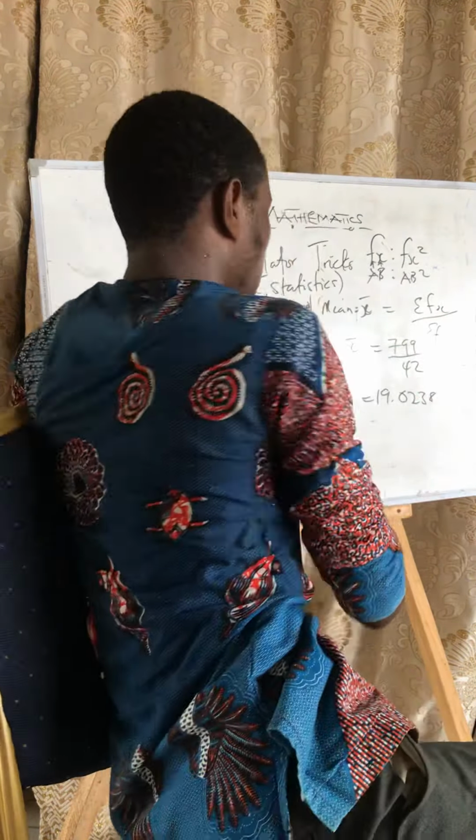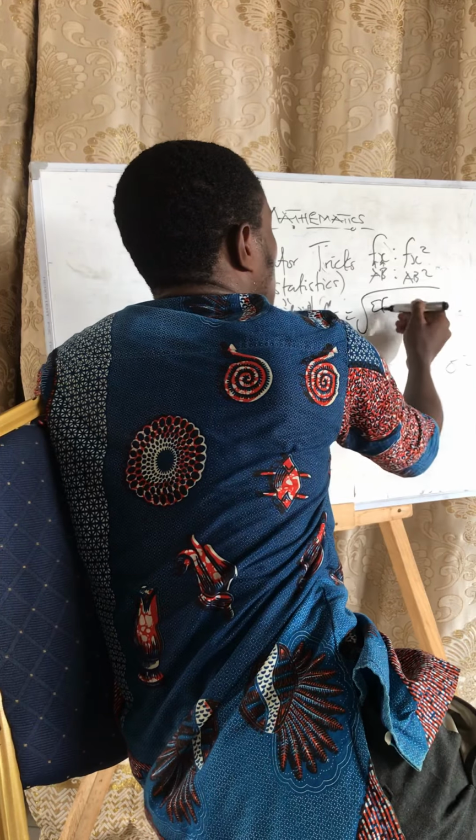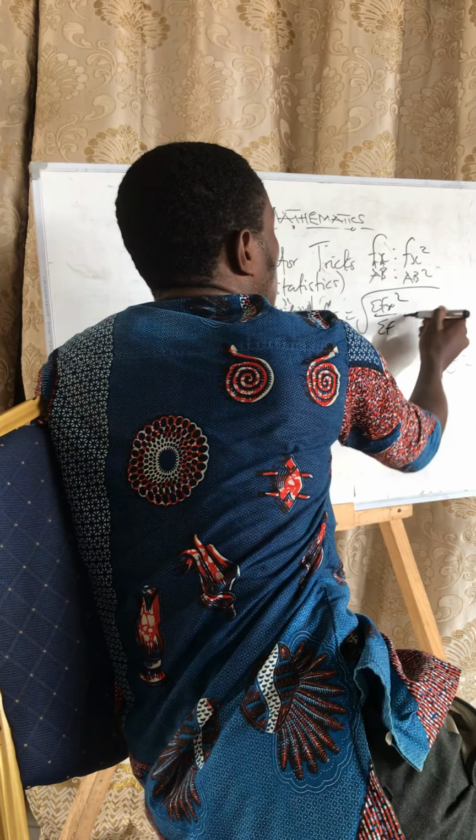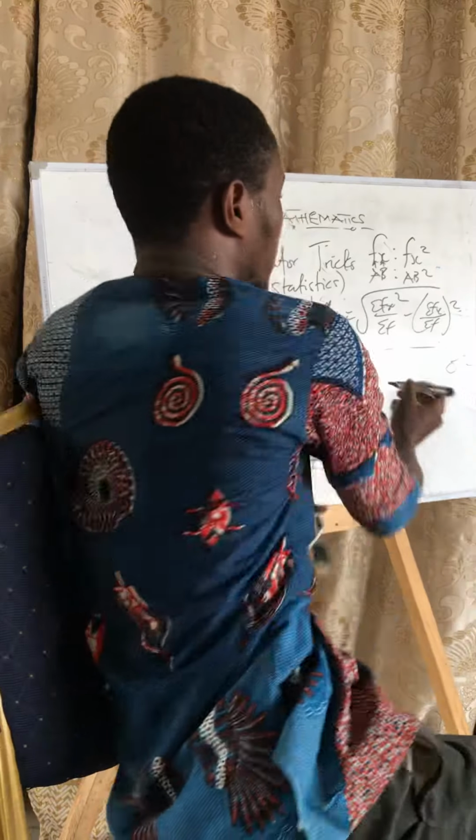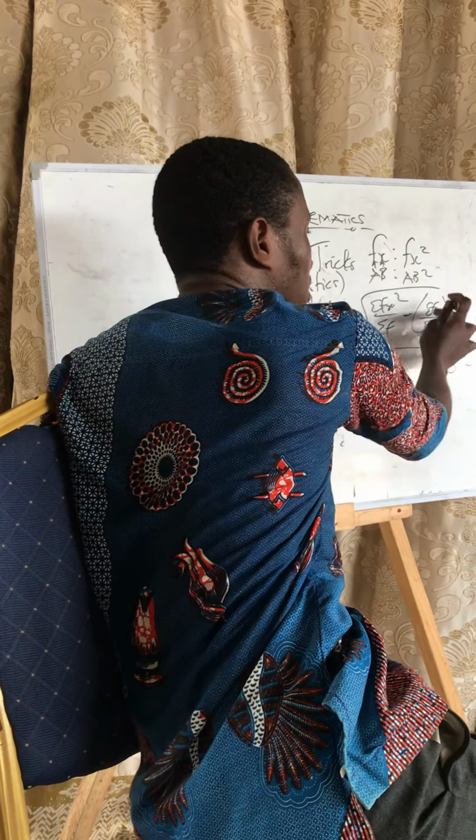So now permit me to clean this one. When I quote the formula, then my next line, let me write it on top. So this is equal to this over this minus this all squared. Then my next line, I'll just write 42. I know this is the mean.